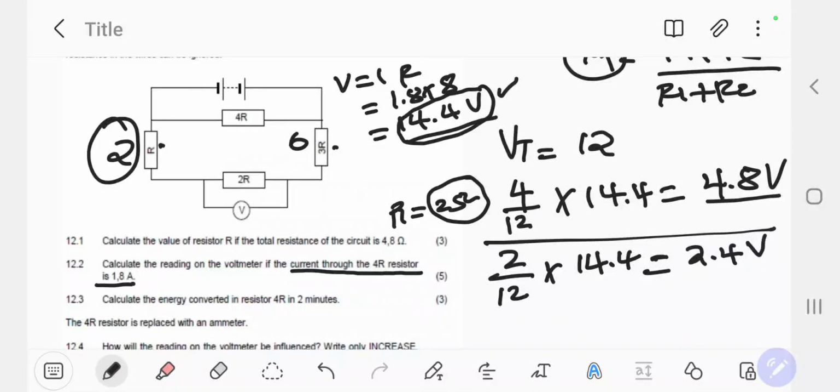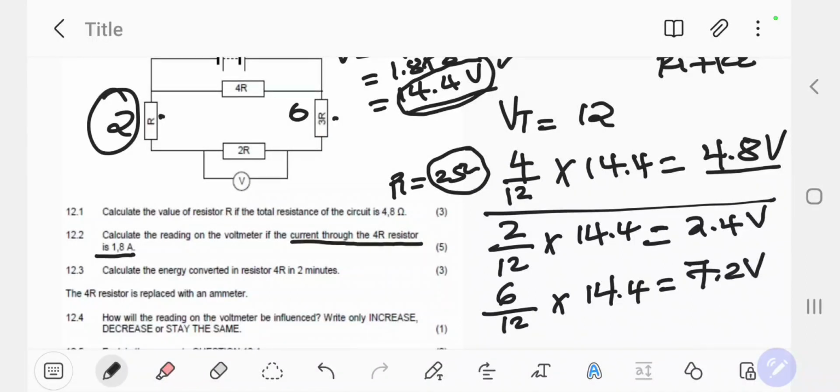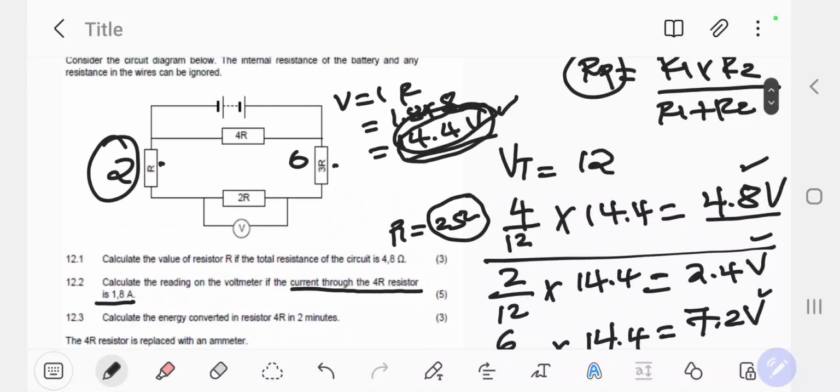We've got 2.4 volts. Then the one in the 6 is going to be 6 over 12 multiplied by 14.4, it should be 7.2 volts. So if you add 1, 2, 3, they should give you the total of the 14.4 there.